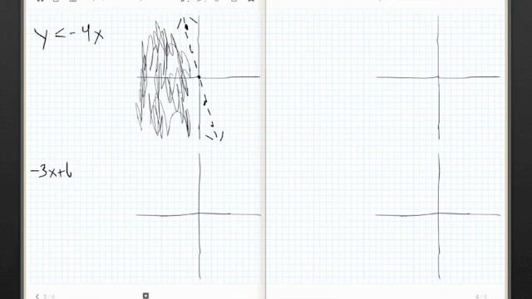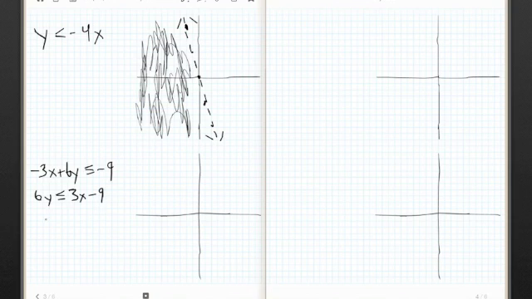Okay, now let's move out of the standard y equals mx plus b form. Now with inequalities, you cannot use intercepts to graph, and you will see why later in this video. But for now, we're going to convert this into y equals mx plus b form.